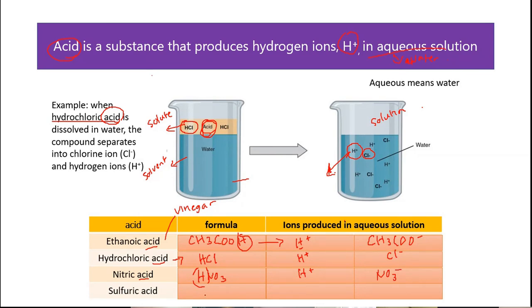What is the formula of sulfuric acid? H2SO4. H2SO4 also produce H plus because it's an acid. What is the anion? SO4 2 minus. This is the ion that produced when we dissolve an acid in aqueous solution or water.